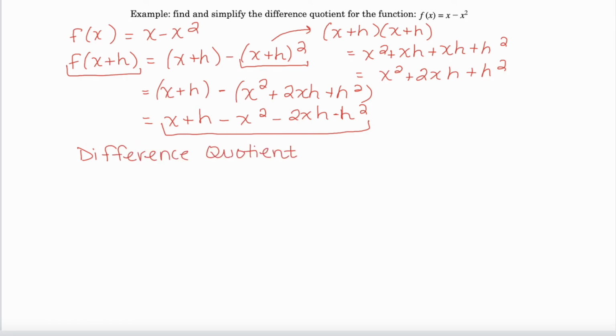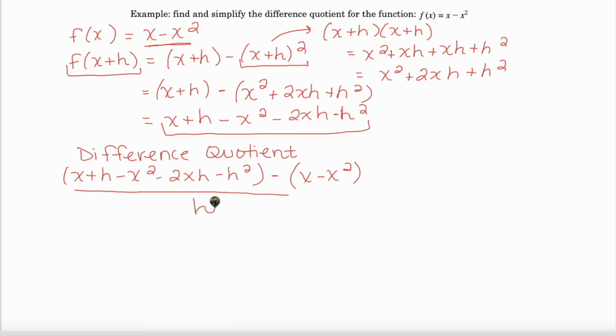We first need f of x plus h, which we just found to be x plus h minus x squared minus 2xh minus h squared. I need to subtract my f of x function, so I'm going to subtract everything. X minus x squared all over h.